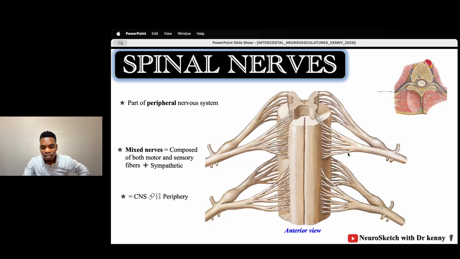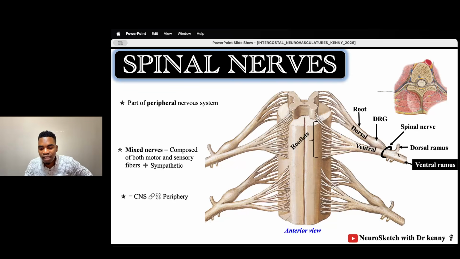Remember, we said the nerve is formed by two roots, the dorsal root and the ventral root. The dorsal root can be easily identified by the dorsal root ganglion, but this is a ventral root. These roots are formed by a lot of rootlets.